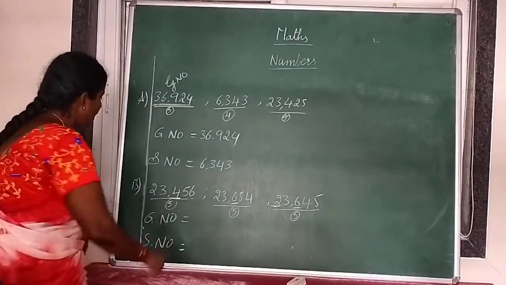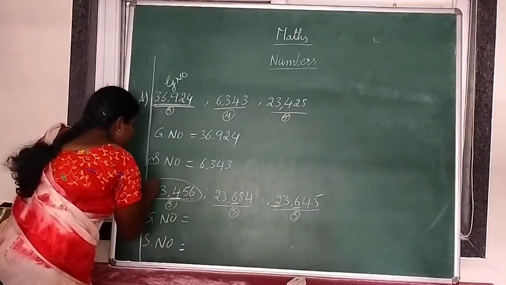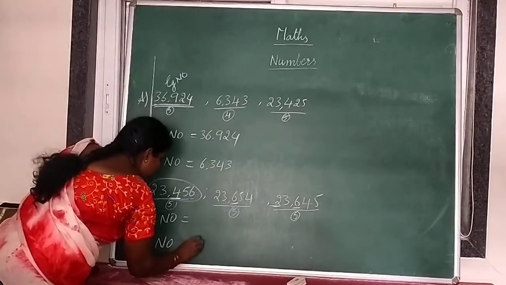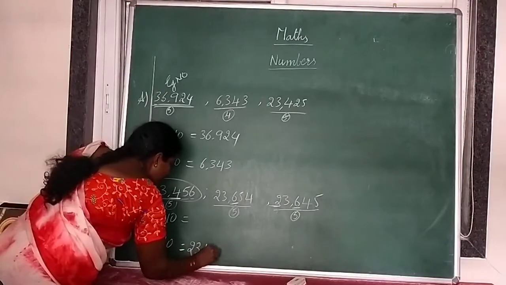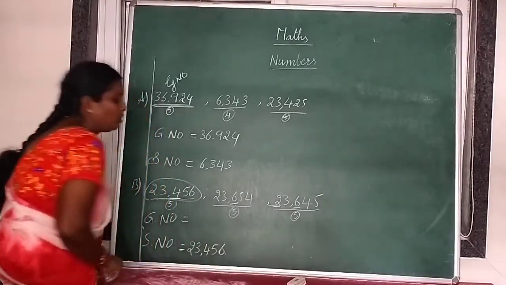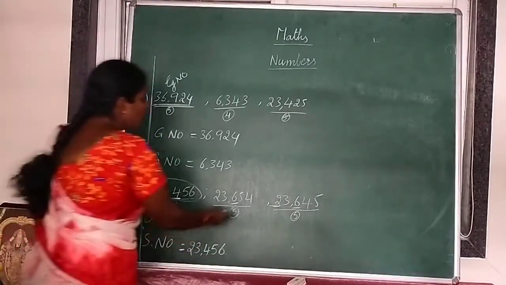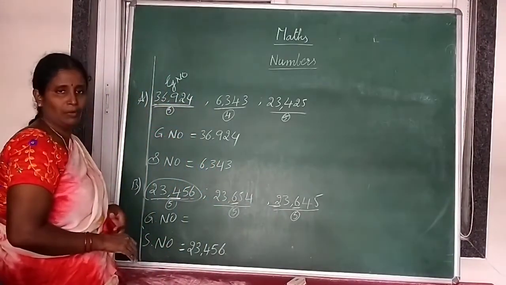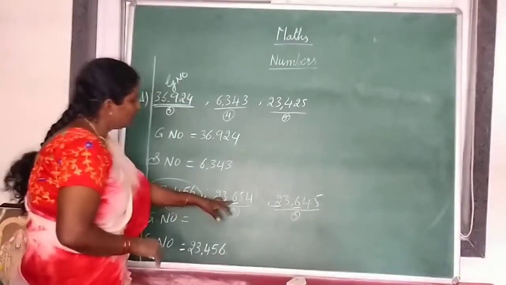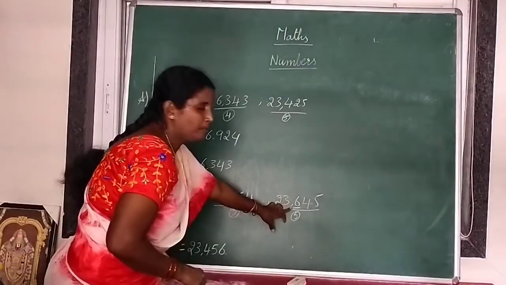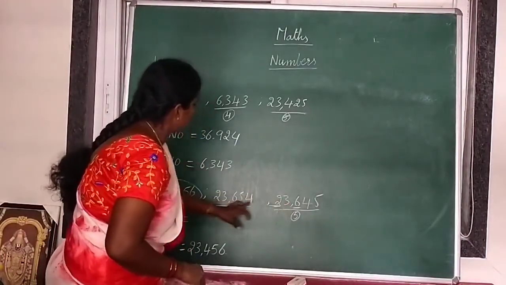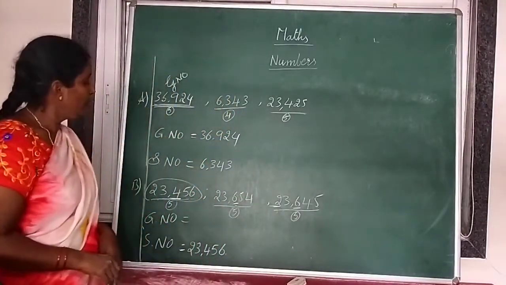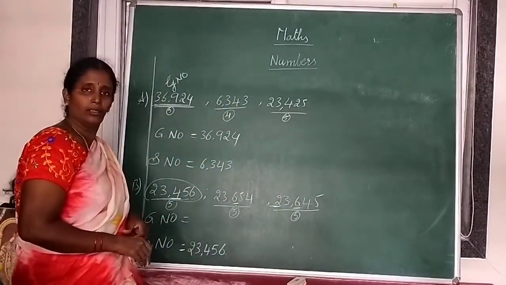So 23,456 is the smallest number. So what is the smallest number? 23,456. Now from these two numbers we have to find which is greater and which is smaller. Okay? This is 6, 6. Both are the same. So compare the next digit, 5, 4. In 5 and 4 which is more?